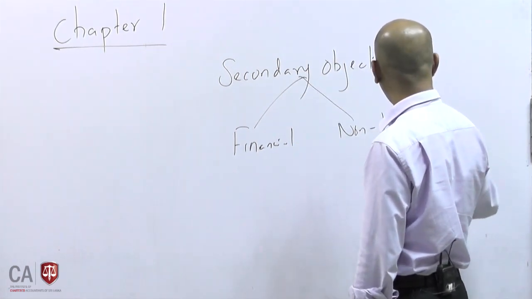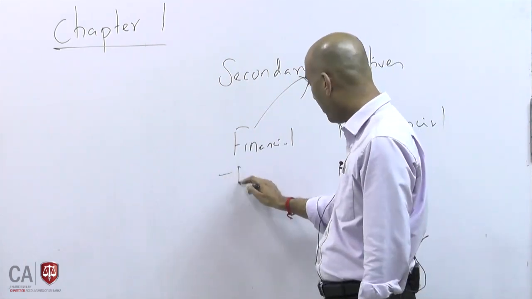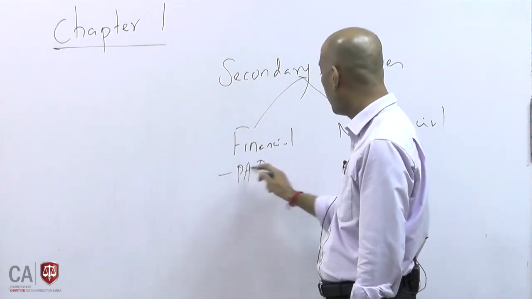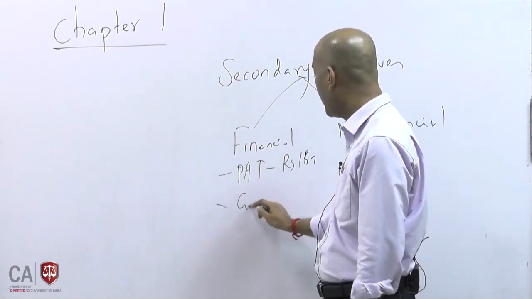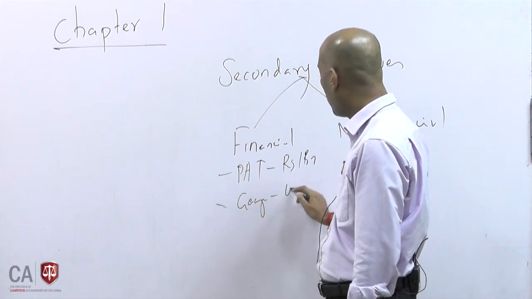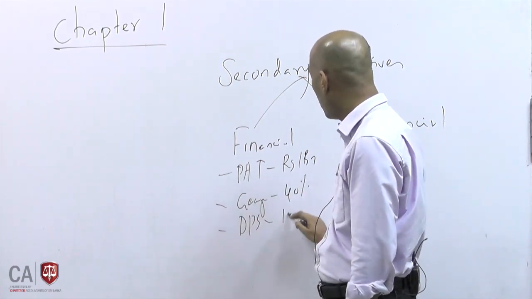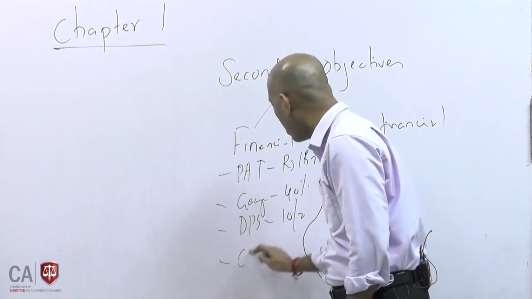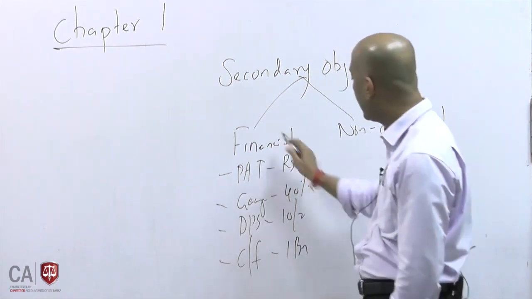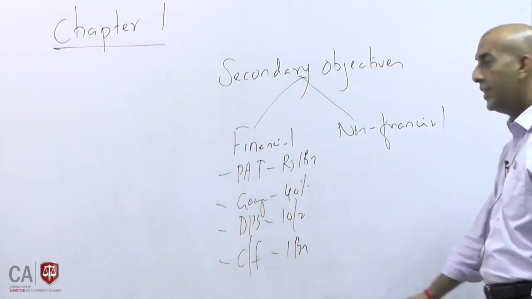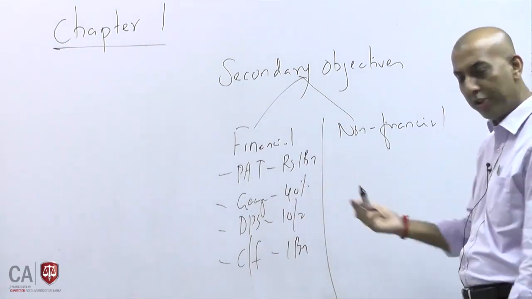What I earlier mentioned is only about the financial, where you are talking about your profit after tax or profit before tax of say 1 billion, a gearing ratio of 40% maintenance, your dividend per share say 10 rupees, and your net cash flows for the year of 1 billion, like that. These are all financial objectives.